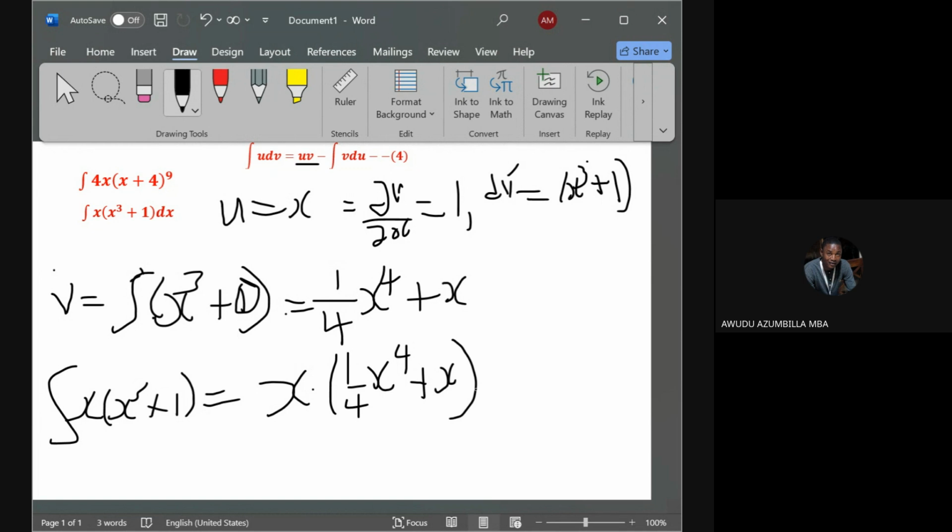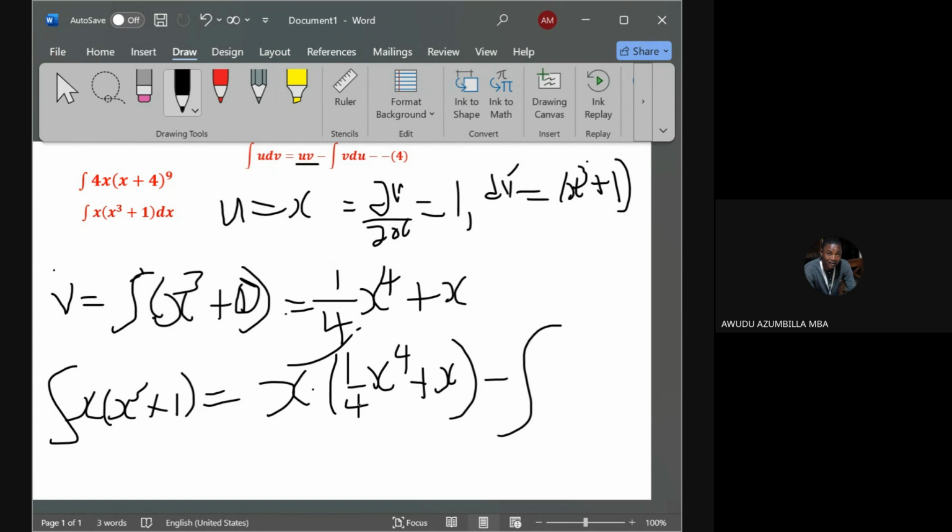Okay, then subtract. We are going to subtract from v du, but it's in integral form, so it's the same as this one. u dv is the same as this. This one and this one are the same. This one is du. So for us to get the integral of v du, we can just integrate this one. That is why we are going to subtract the integral of the same function.